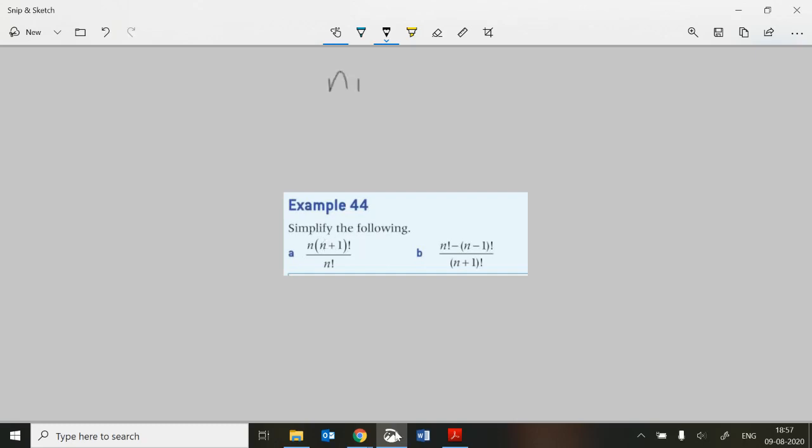So n plus 1 factorial, remember, is going to be equal to n plus 1 times n minus 1 times all the way down to 1. Okay, so in fact, n plus 1 factorial is really n plus 1 times n factorial.